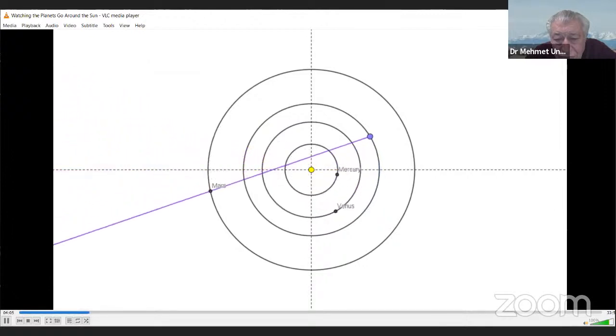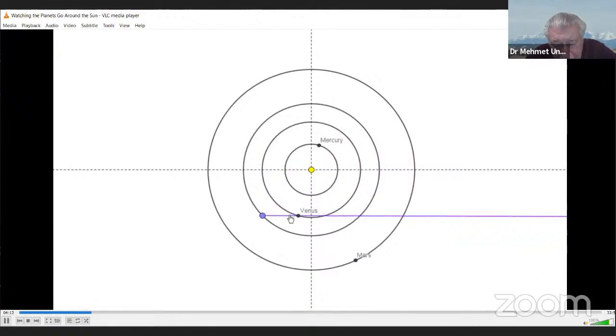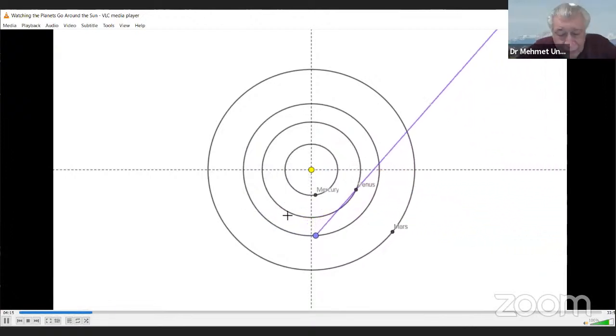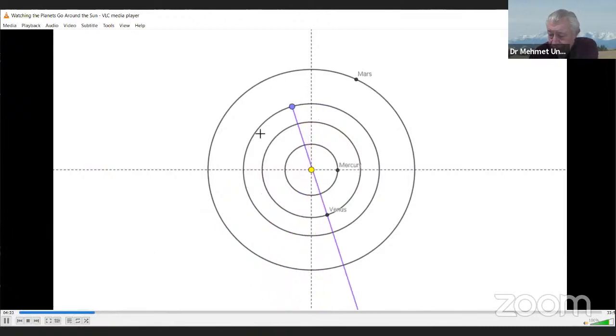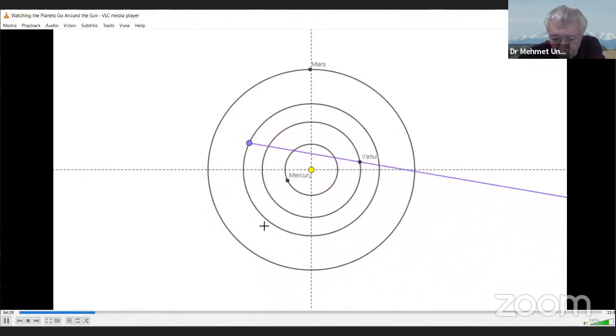Let's look at Venus instead. Here we come around, again counterclockwise, except right there. Notice in this case Venus is passing the Earth. If we keep on coming around, that line of sight is rotating counterclockwise, and Earth is going to catch up to Venus. Actually, no, Venus is going to catch up to the Earth.